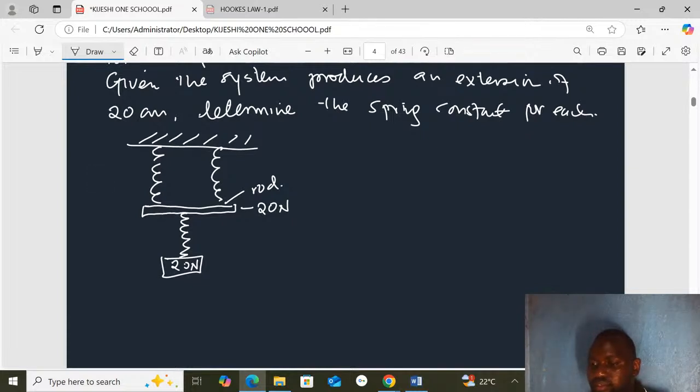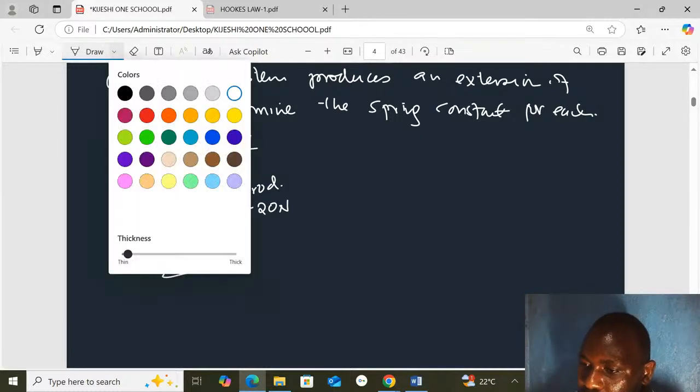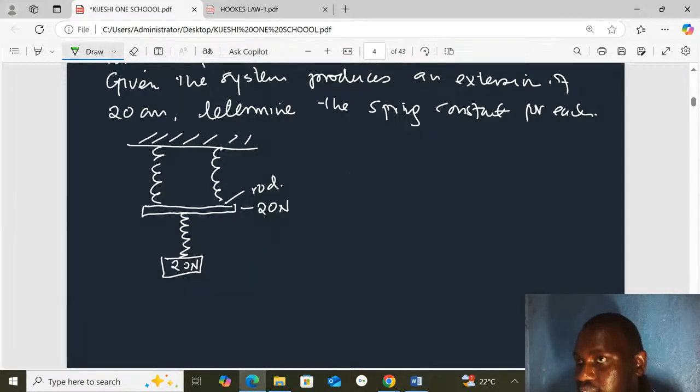Then now, from this one, you're supposed to get the spring constant for each, since they are identical. In this case, these two are in parallel, but in series with this one.